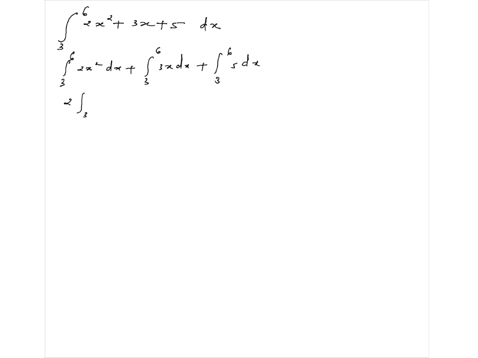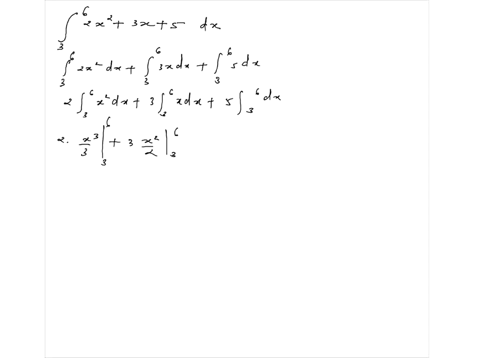Taking 2 out, taking 3 out, taking 5 out, x cubed by 3, from 3 to 6, x square by 2, from 3 to 6. This is just a way of writing. Before integrating, this is how you write the limits. After integrating, you write them like this.